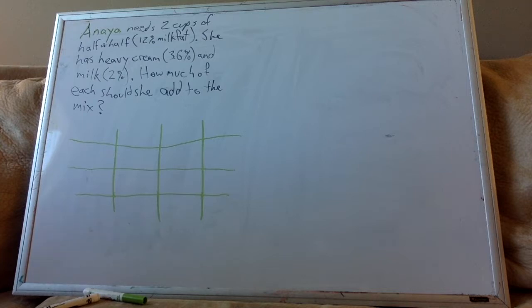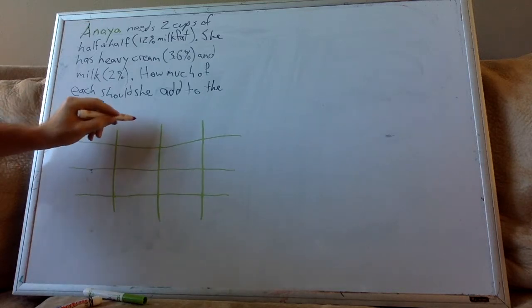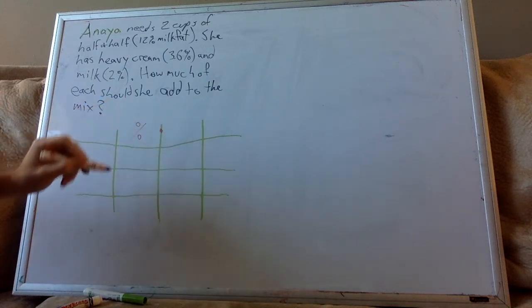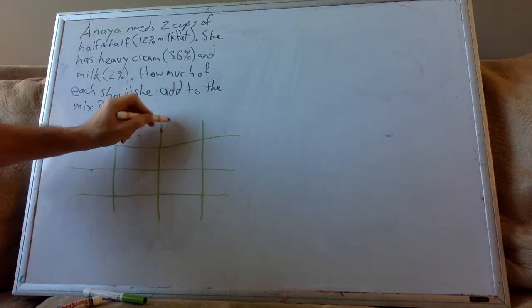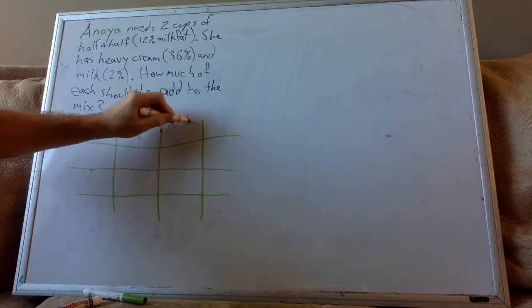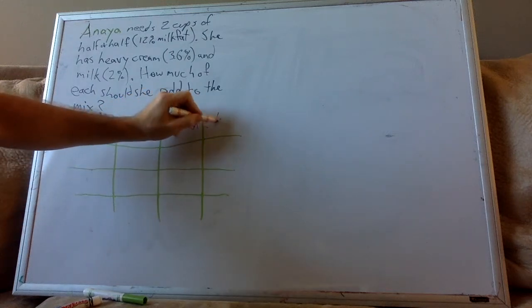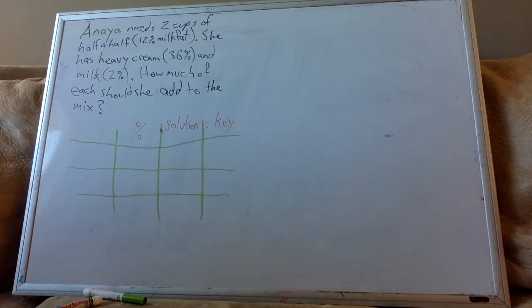So when we want to think about this, we can think about it in terms of a certain percentage of a solution, that gives us the key element, the key ingredient, right?